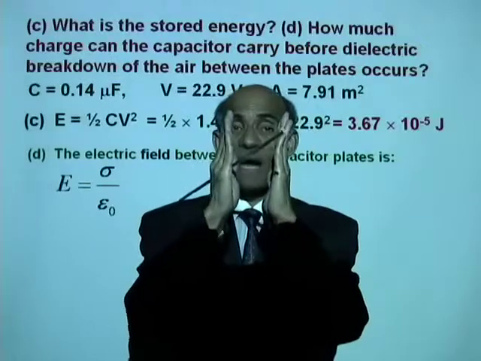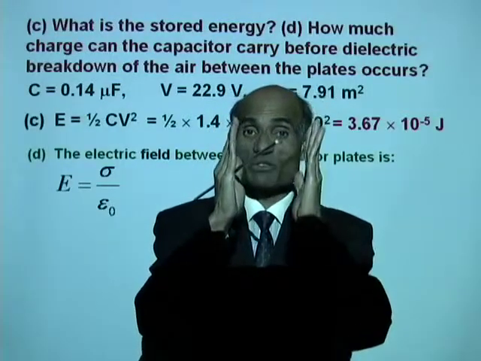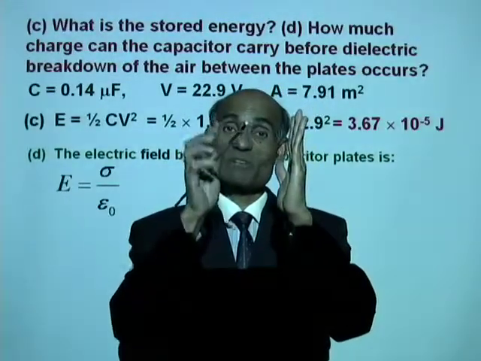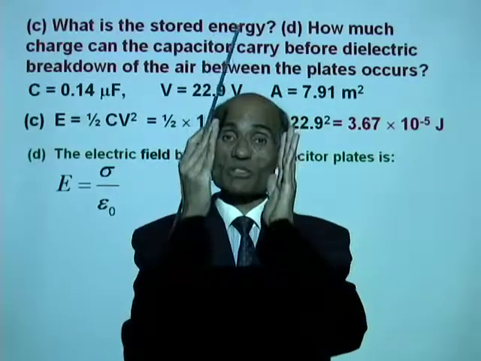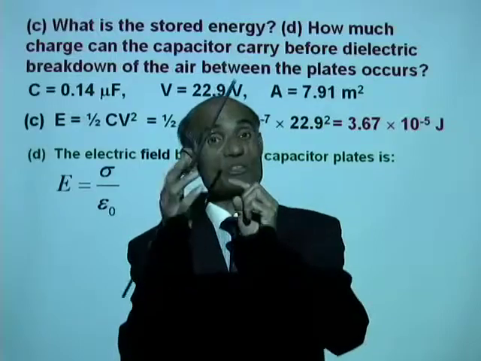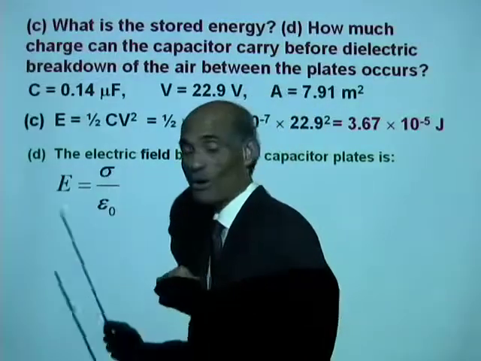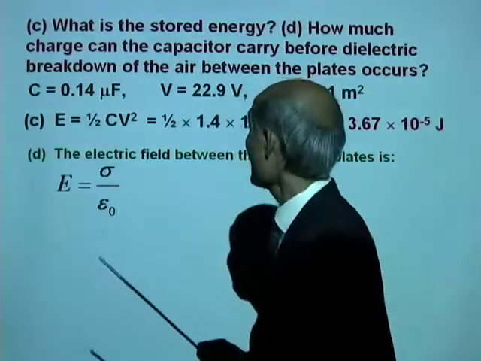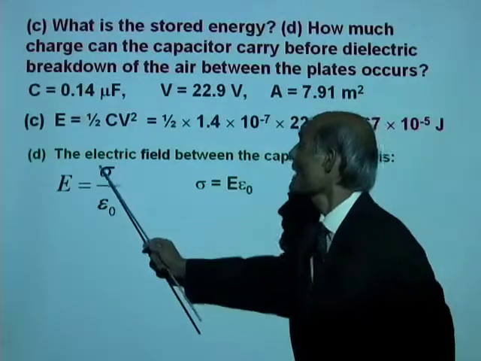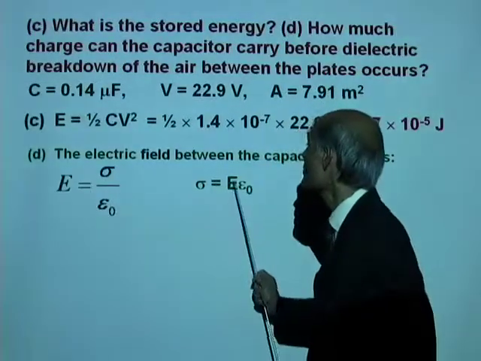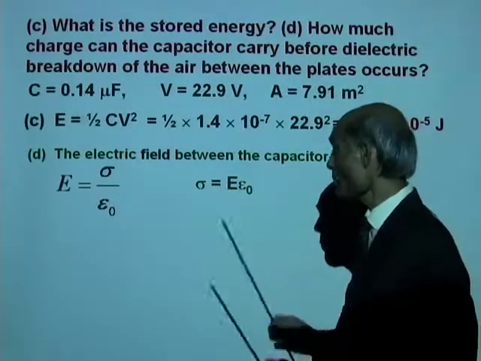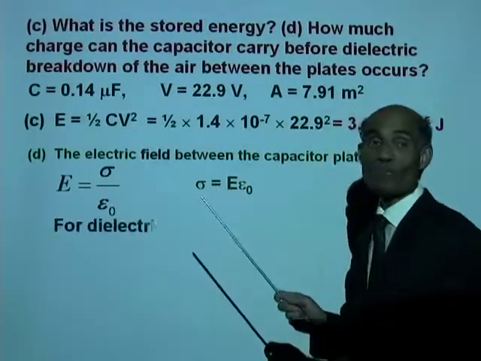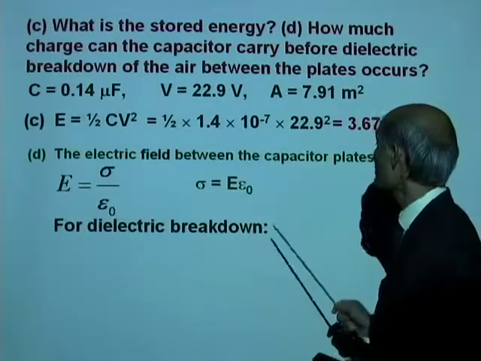You have two parallel plates, one charged positively, other charged negatively. The electric field at a point in between the two plates, anywhere, will be a constant given by sigma over epsilon naught. And we can therefore find the sigma. Sigma equal to E times epsilon naught. Well, what is the value of E for dielectric breakdown?